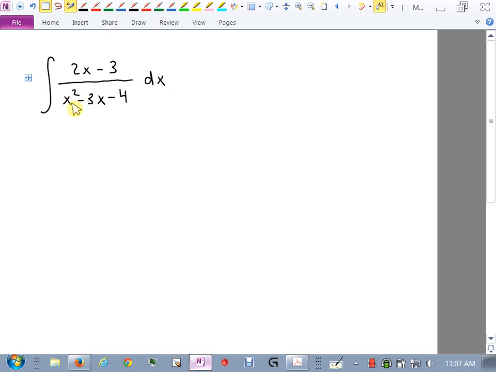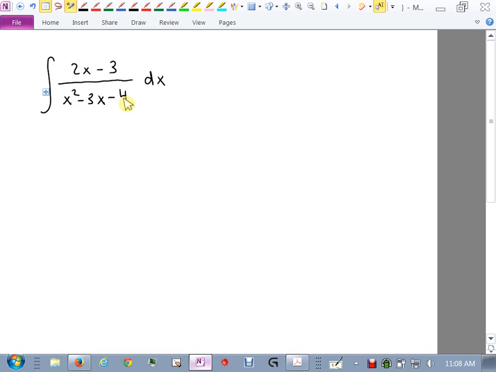The denominator is a quadratic, isn't it? And the numerator is linear. When you take the derivative of a quadratic, don't you always get something linear? Like if you take the derivative of something with x squared, the power comes down by 1, so you always get something linear. And notice, what is the derivative of the bottom? It's exactly this up here, isn't it?